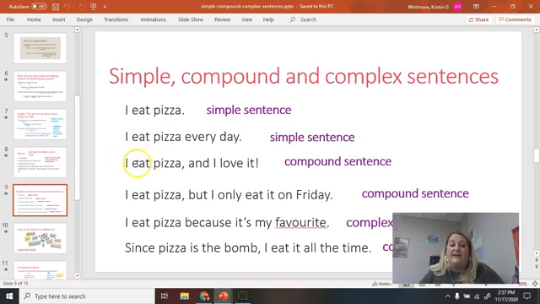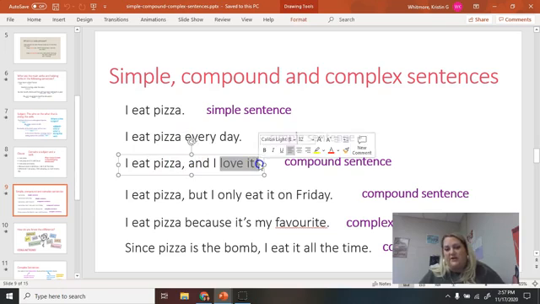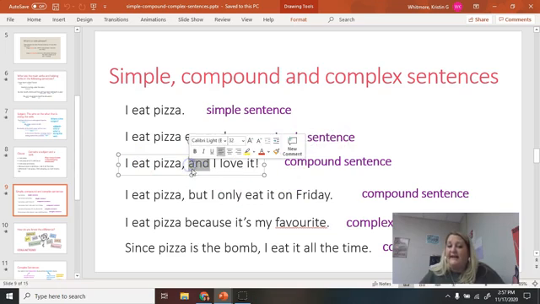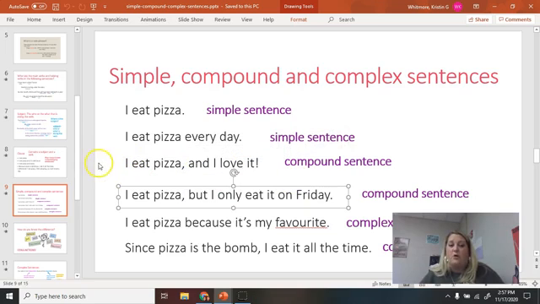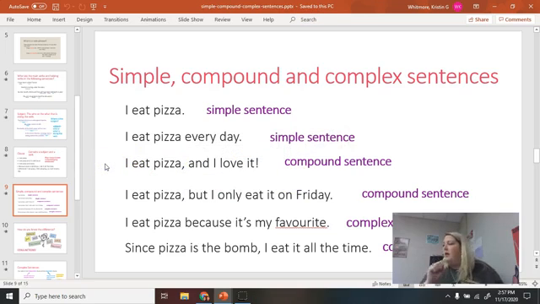Then we have I eat pizza and I love it. We have the same subject, but it's reworded here a different way. So we have pizza and it. And then the verbs, though, I eat it and I love it. So we've added something. You'll recognize this conjunction and from Fanboys, for, and, nor, but, or, yet, so.